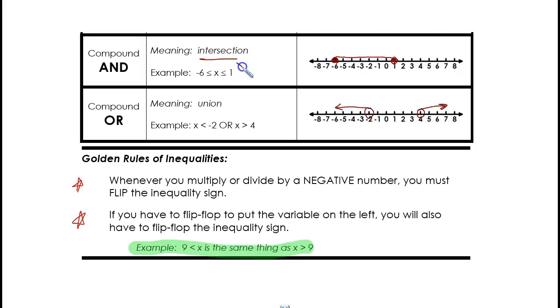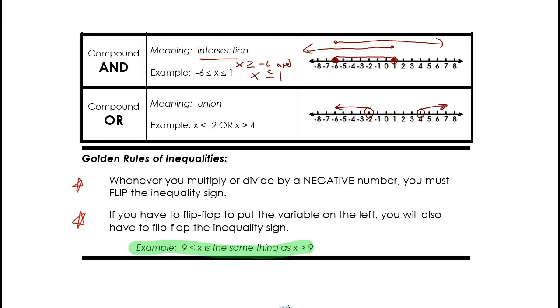Essentially, this is like saying x is greater than or equal to negative 6 and x is less than or equal to 1. Well, the stuff that's greater than or equal to negative 6 is all that stuff to the right. The stuff that's less than or equal to 1 is all that stuff to the left of 1. And the intersection is what's shared between them. It's just this inside part that's shared.